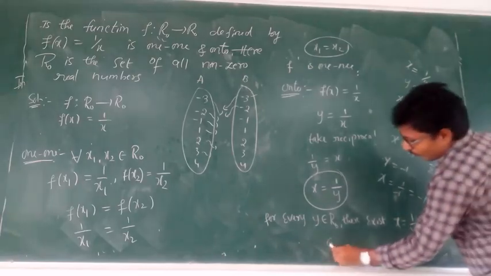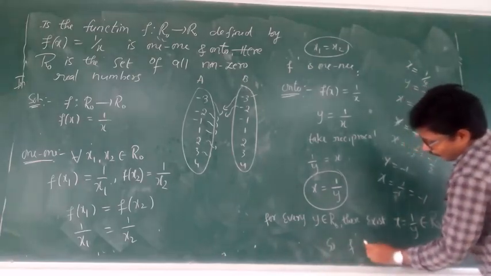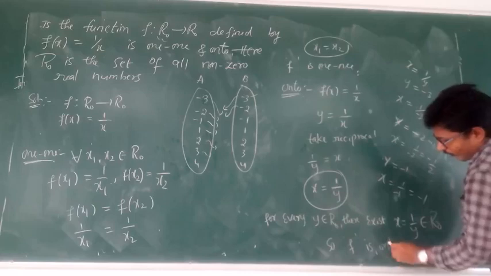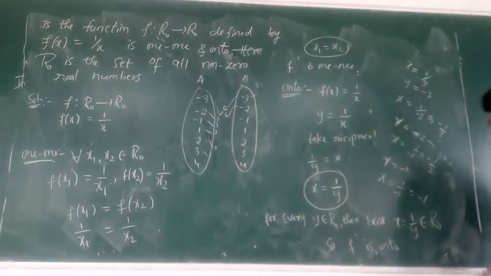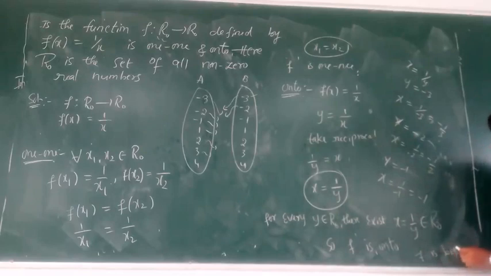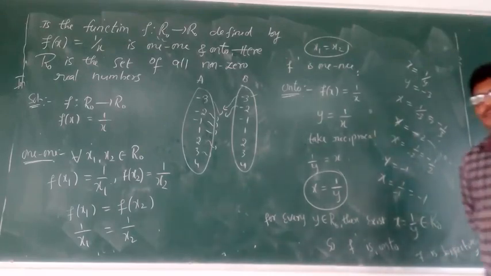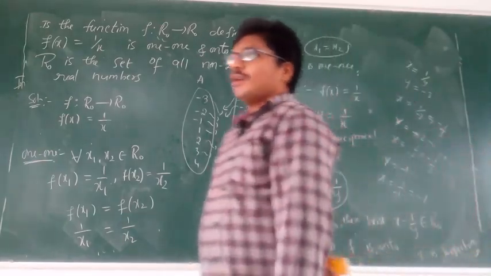So f is onto. One-one and onto are both satisfied, which means that f is bijective. f is bijective. Okay, now I will give the homework in your notes.